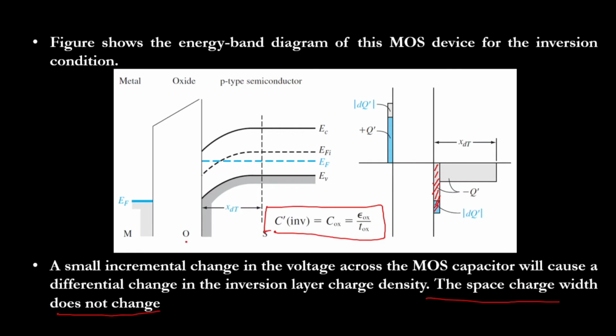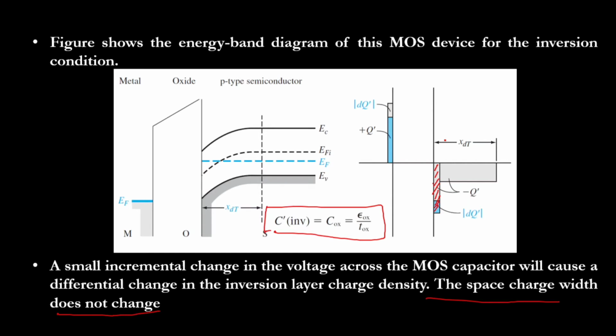In accumulation and in the final stage, inversion, the capacitance is only because of the permittivity of oxide divided by the thickness of oxide. But in the depletion mode of operation, the capacitance because of the oxide and the capacitance because of the depletion region are in series. So the equivalent capacitance will be the total capacitance across the MOS capacitor.